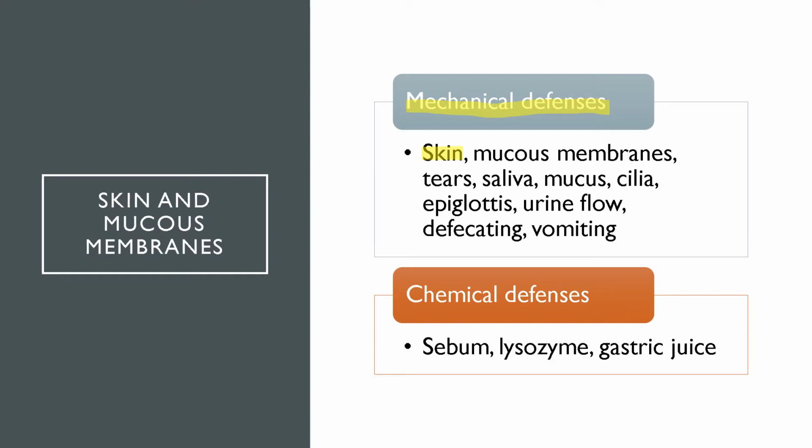The epithelial layer of mucous membranes lines body cavities and secretes mucus. This helps to lubricate and moisten the cavity surface. But also things like hair, cilia, saliva, and tears are all other mechanical defenses that we're born with.